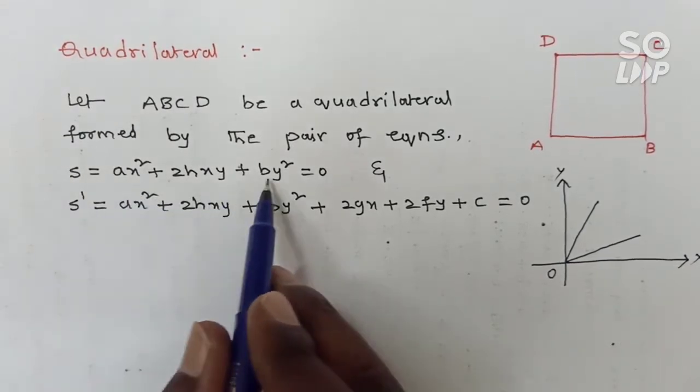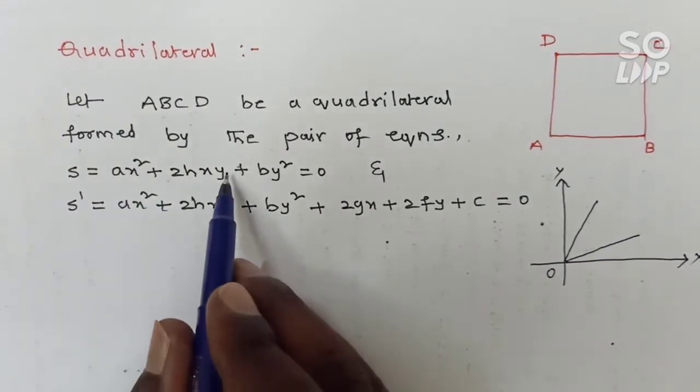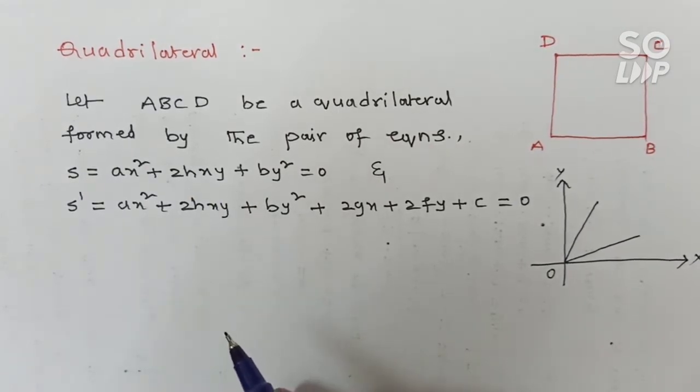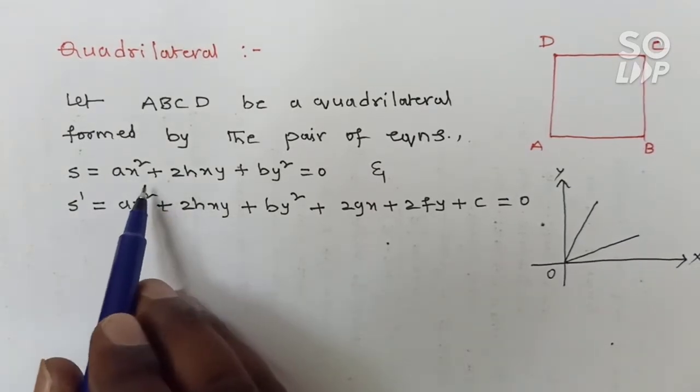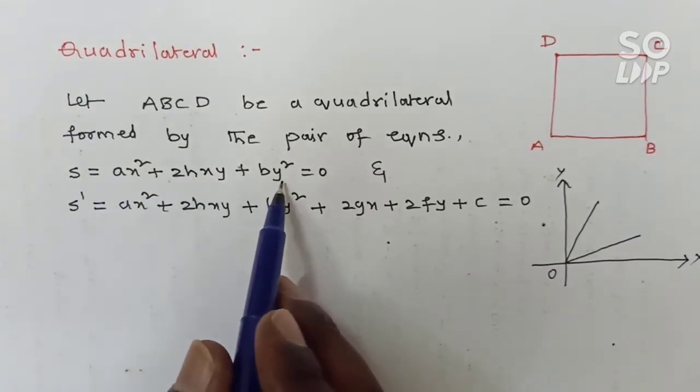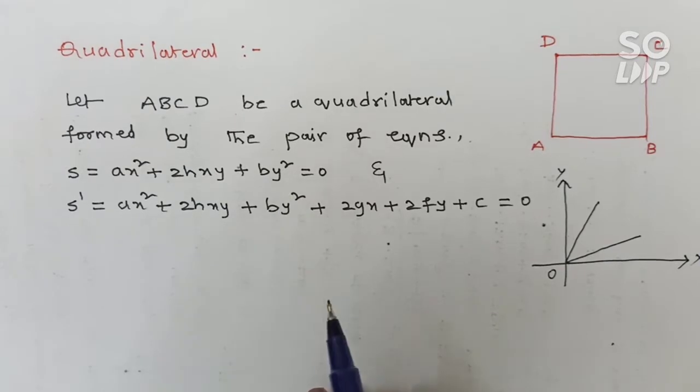Look at this. In the first equation and the second equation, the homogeneous part is equal. That means the second equation represents lines parallel to the lines represented by the first equation.